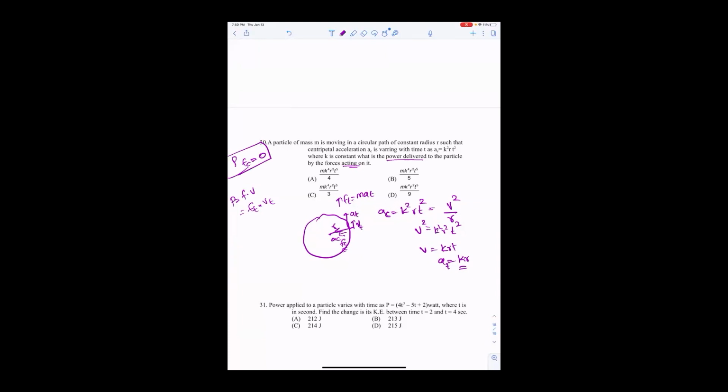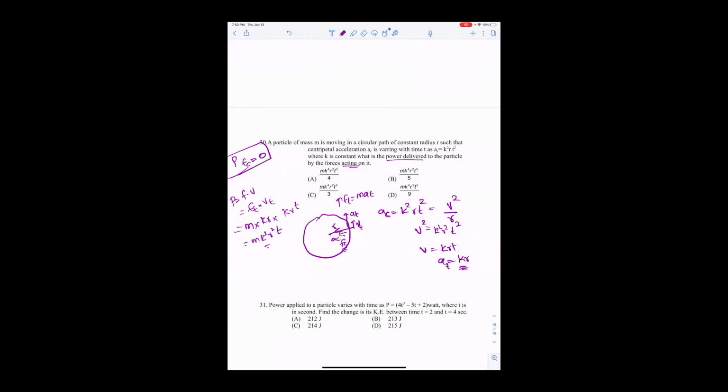So F tangential is how much? Mass into acceleration, and acceleration is k into r. Now what is velocity? Power delivered to the particle by the forces acting on it: instantaneous power is m k² r² t. This is instantaneous power.